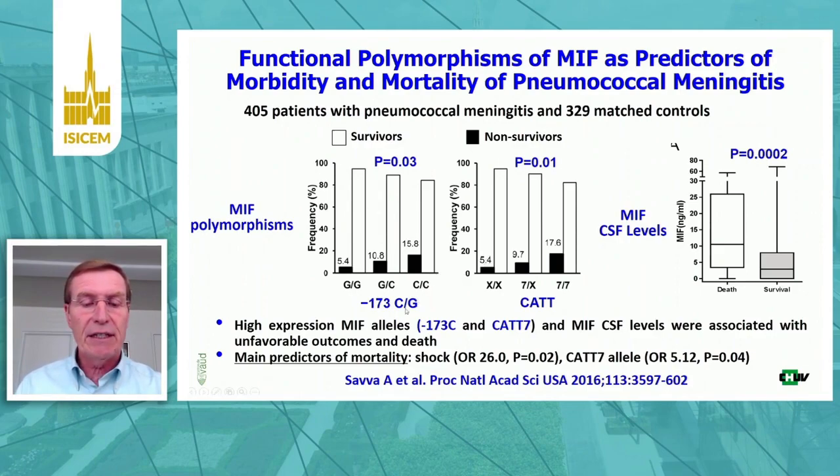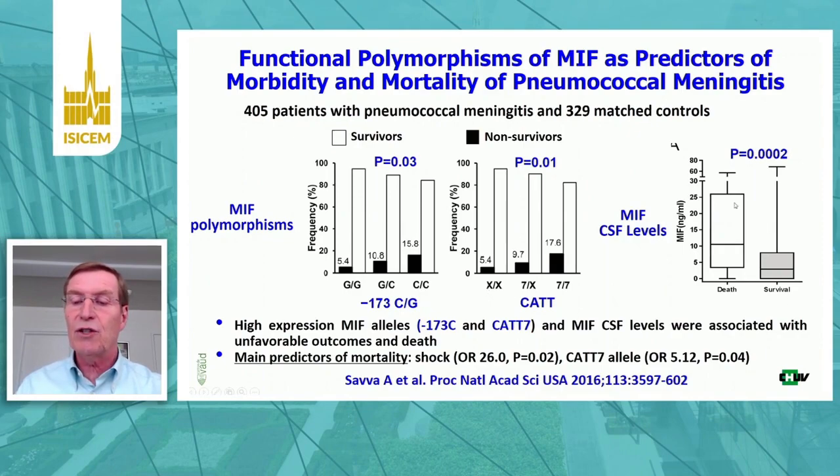You can see that when the high MIF expression allele is present, here the G at position -173, the mortality goes up significantly when we switch from the G to the C. And when we use the CATT microsatellite here, the same is happening. With the 7-7 genotype, the mortality is 3 times higher than with any other genotype.